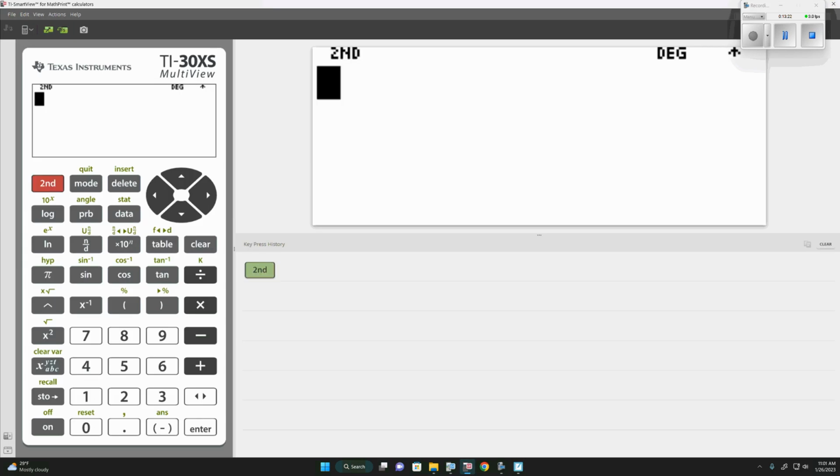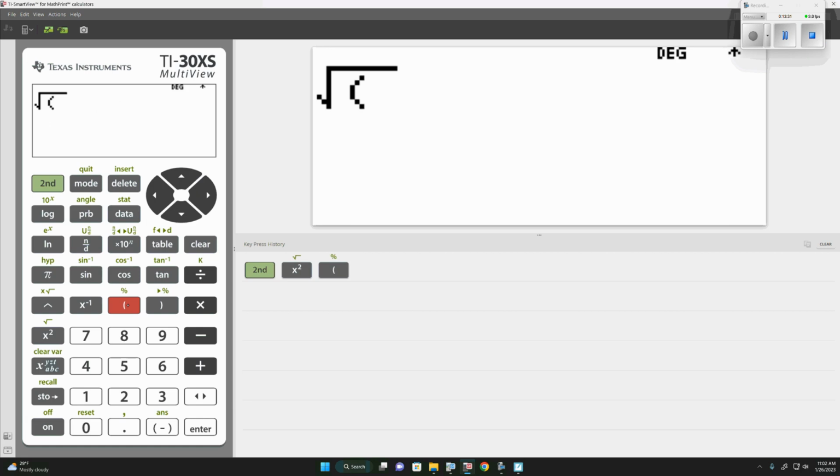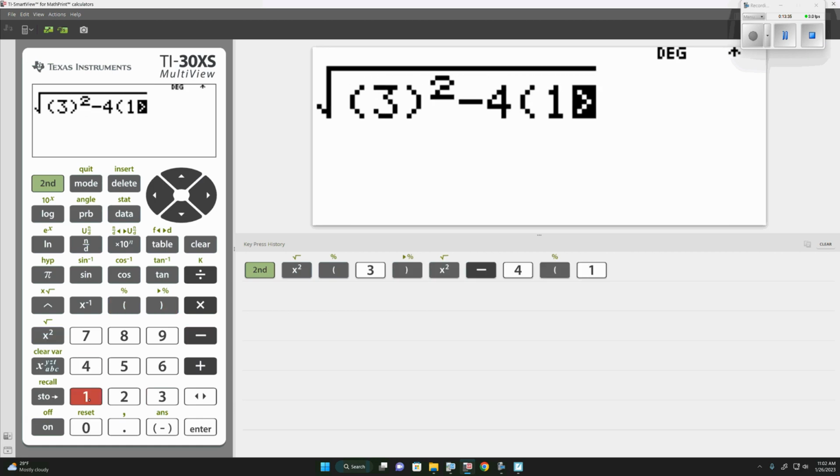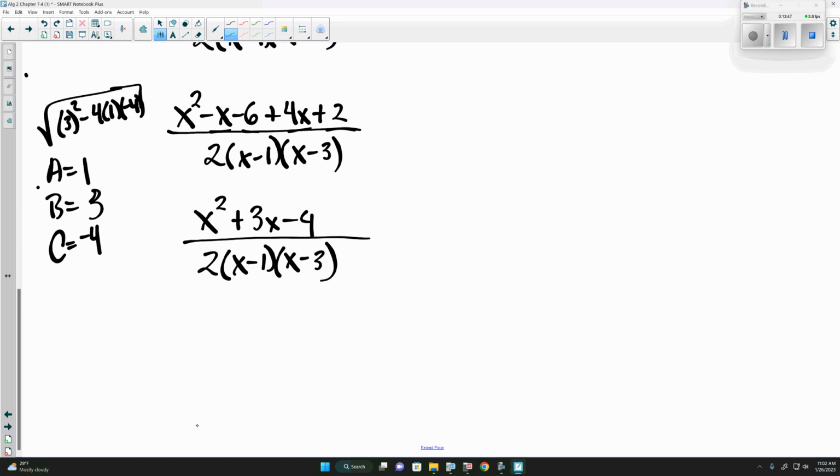That is 3 squared minus 4 times 1 times negative 4. If this gives us a whole number, then it is factorable. Gives us a 5. So that tells us that this numerator is factorable.